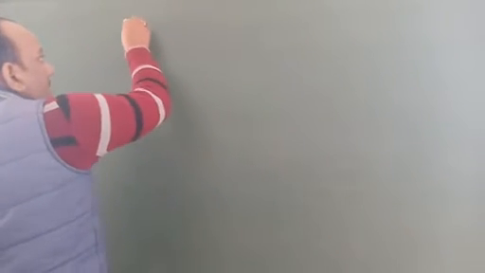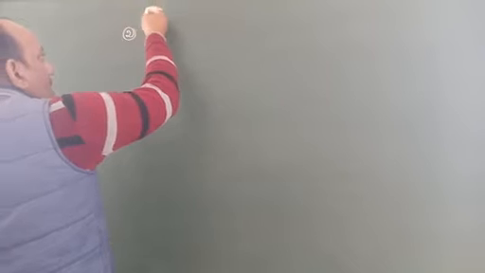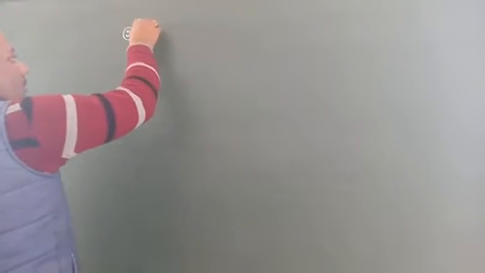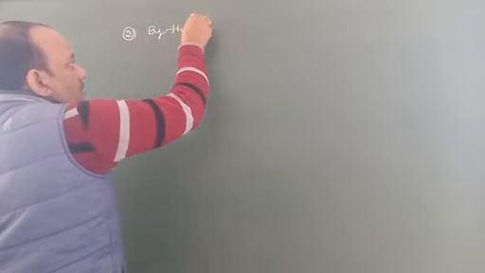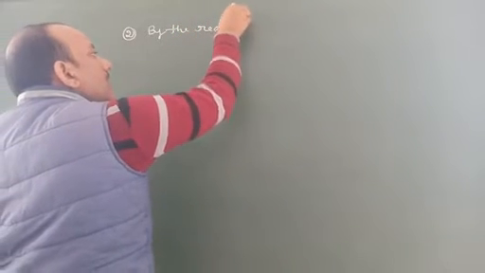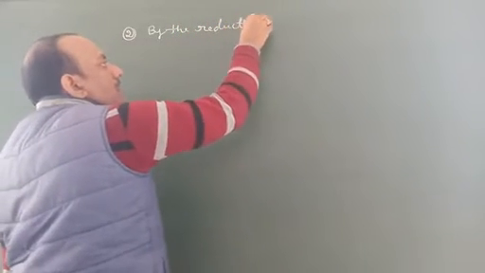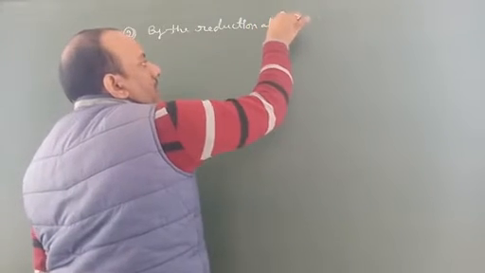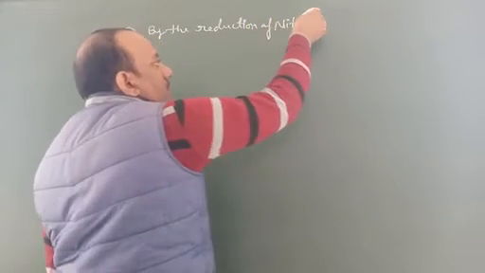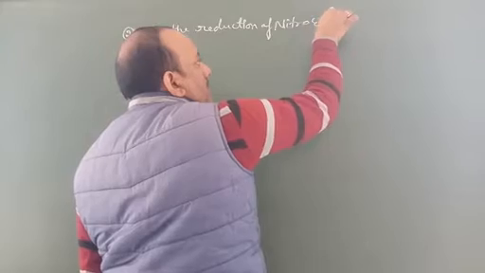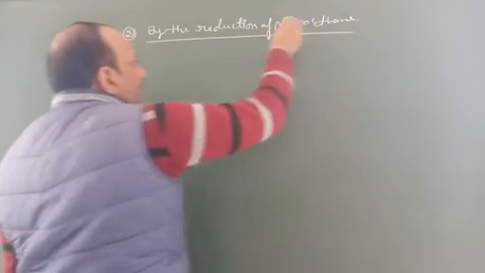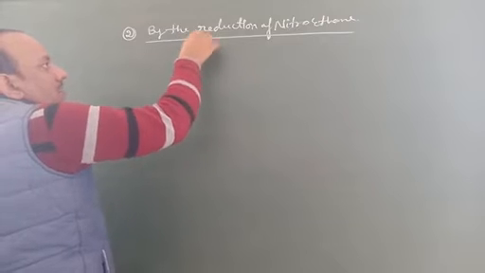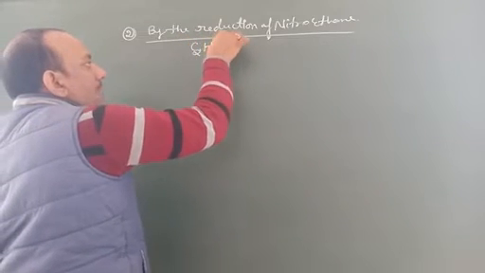Now the second method is named by the reduction of nitroethane. The formula of nitroethane is C2H5NO2.